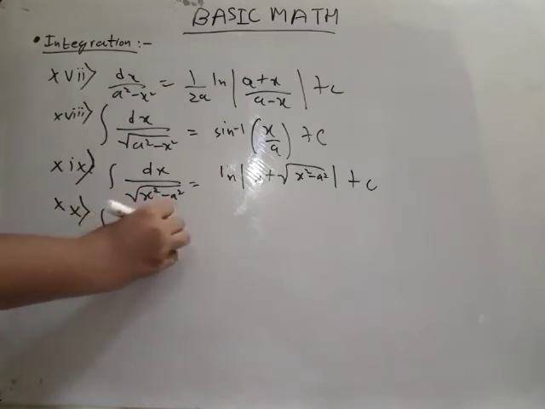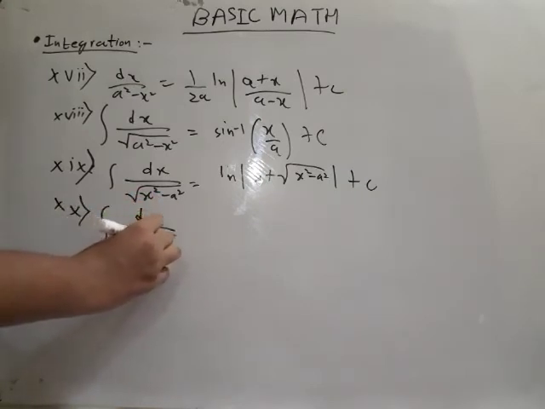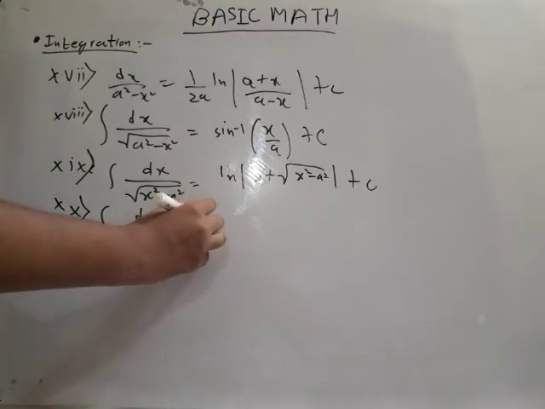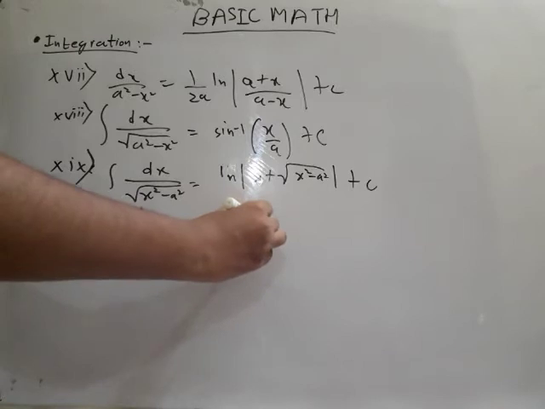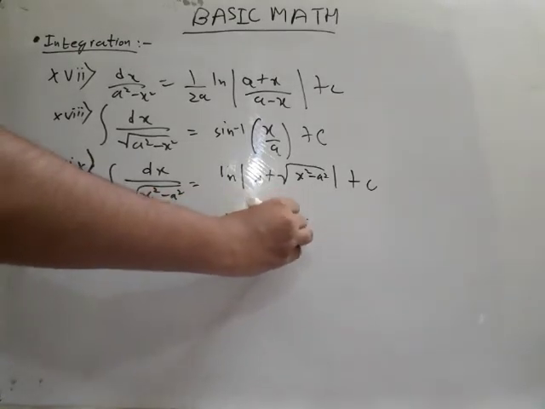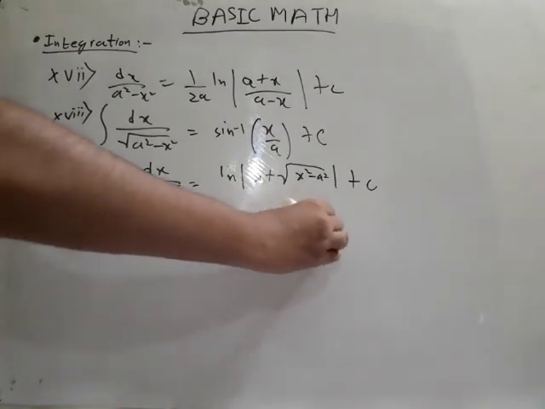Dx by root under x square plus a square equals ln mod of x plus root under x square plus a square plus c.